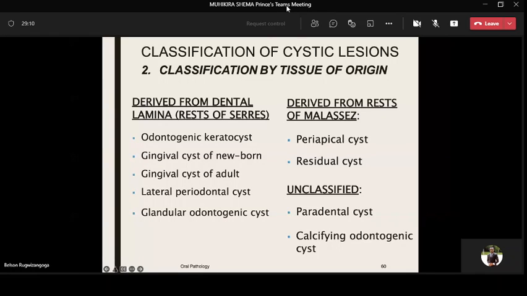I think these are the terms you have to remember from your course of embryology. Here we have a periapical cyst and a residual cyst, and there are others which are unclassified, meaning nobody knows their tissue of origin. We have a periodontal cyst and calcifying odontogenic cyst. So we discussed some of them.